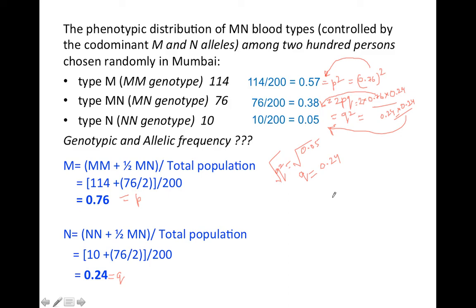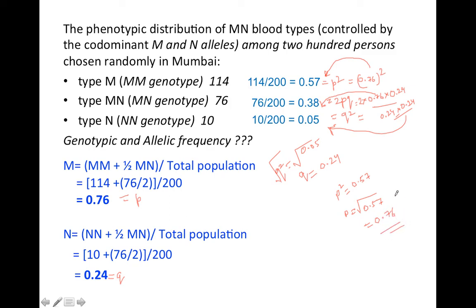In the same way, to find out p from p square, if p square is 0.57, p will be the square root of 0.57, and this will come as 0.77.